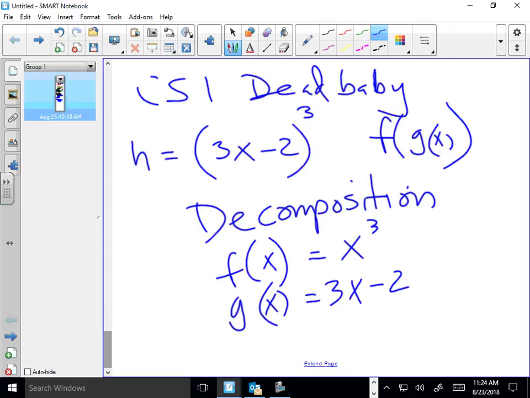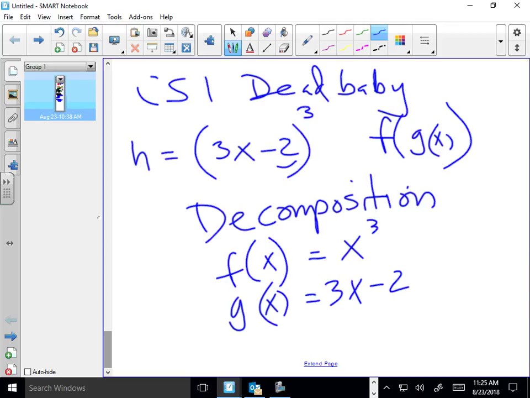So this is one set of possible parents. Now when you read the directions in the homework for this set of problems, it'll say find a set, because it turns out there's actually an infinite number of sets. We're just looking for the most common set, or one set. Here's another set. This is the most common set, the inside parent, the outside parent.